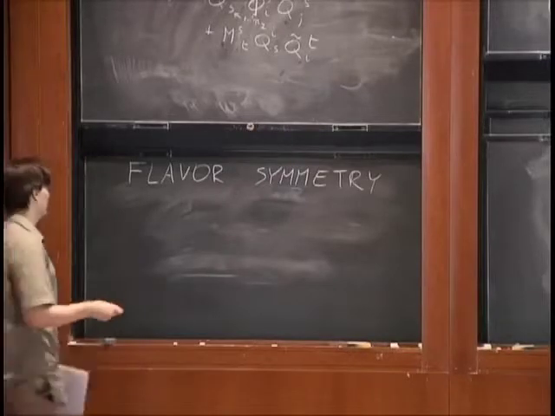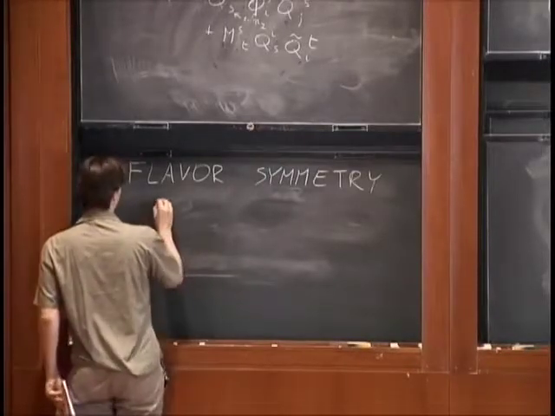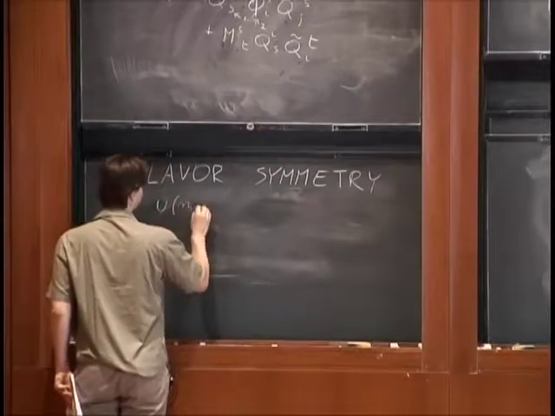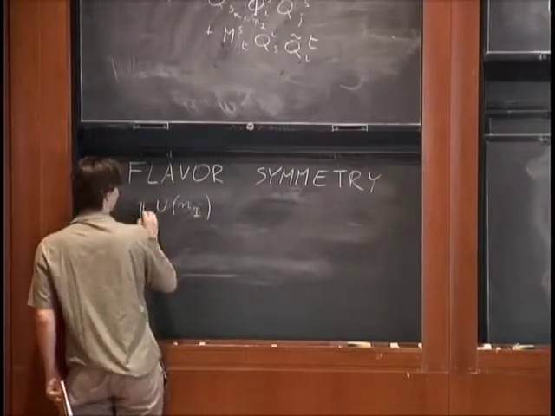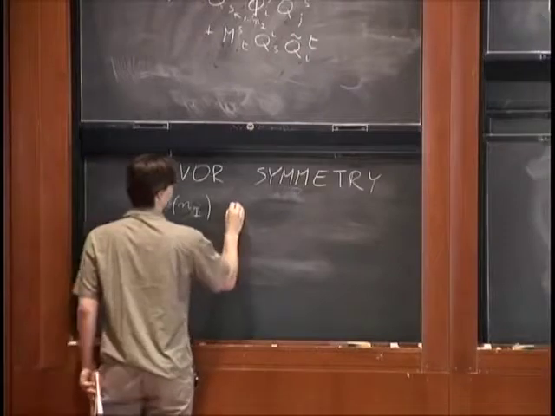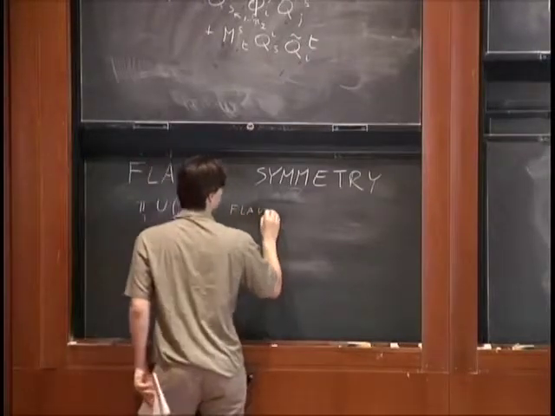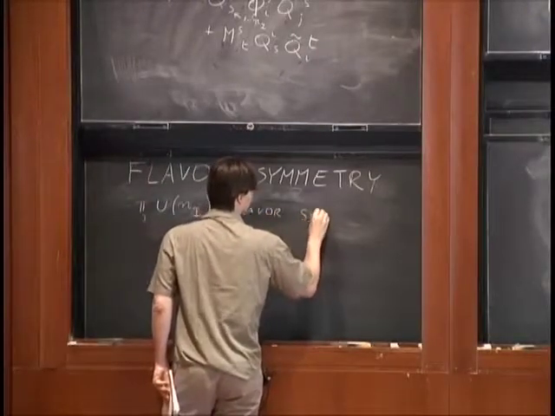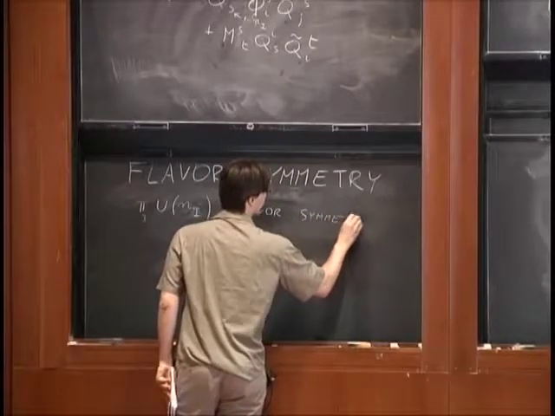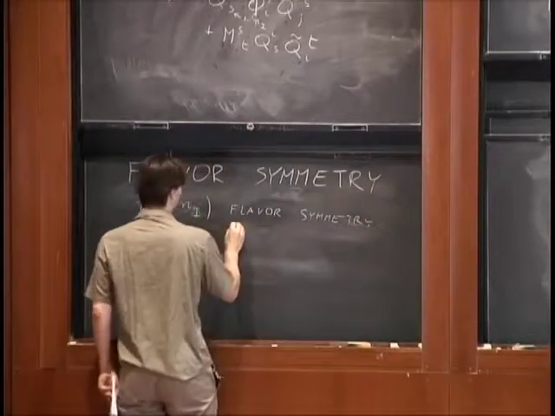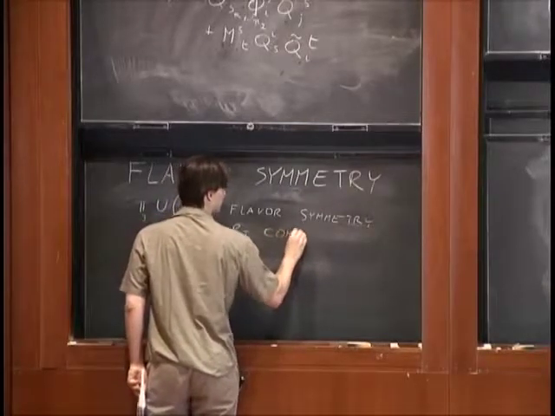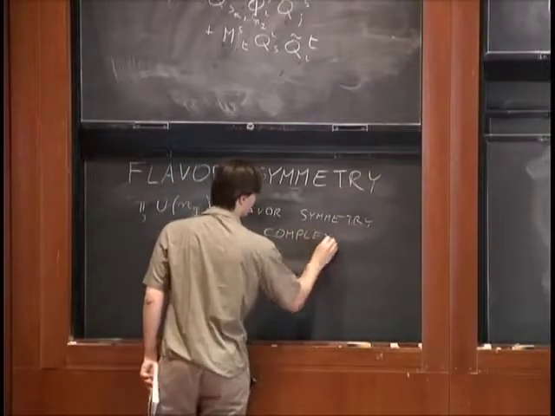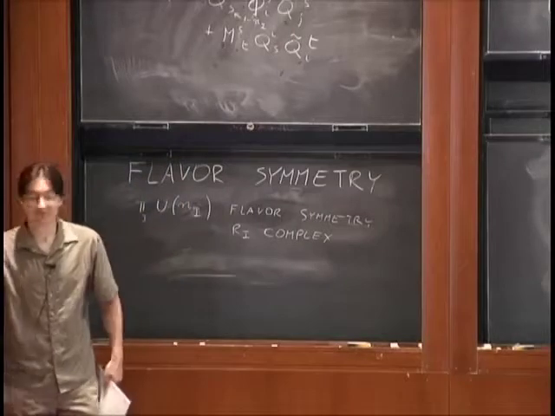So in general, you pretty much always have some U(n_i) flavor symmetry, at least if R_i is a complex representation, which means that it's distinct from its complex conjugate.